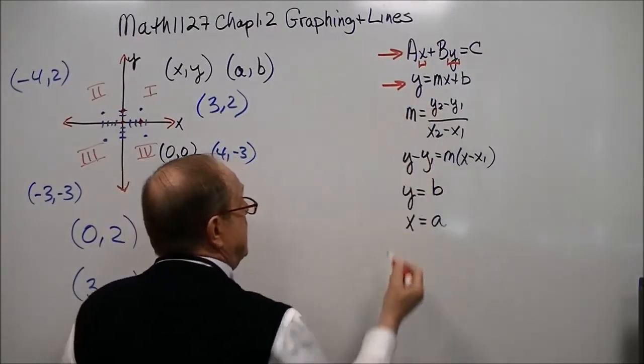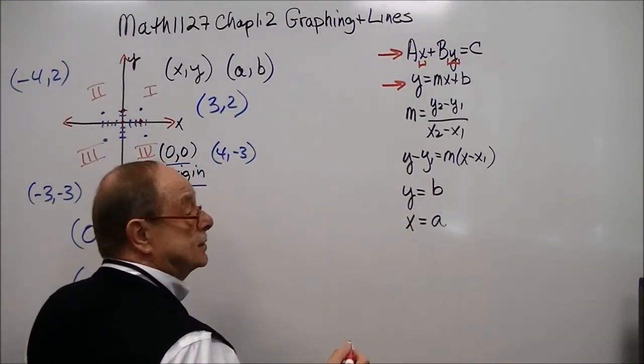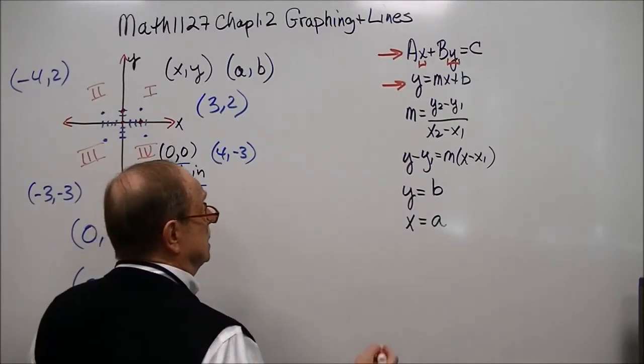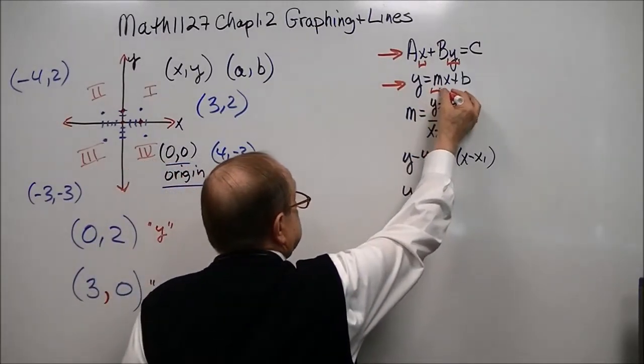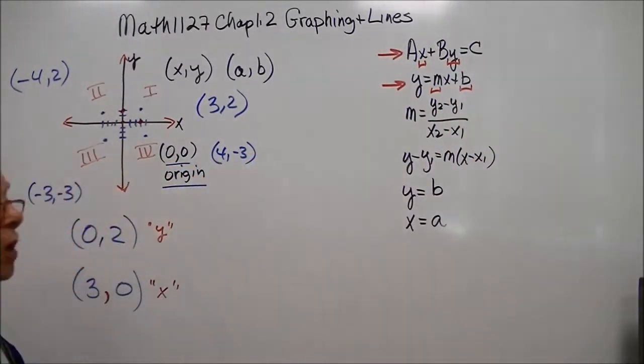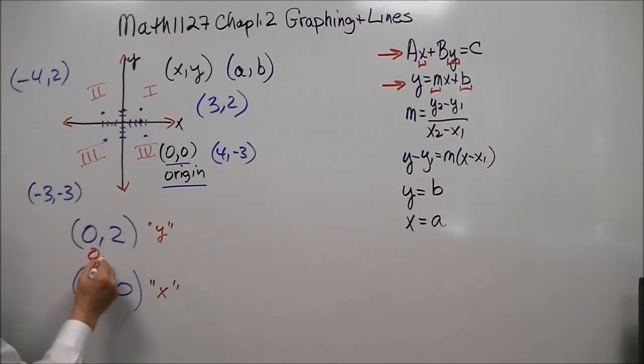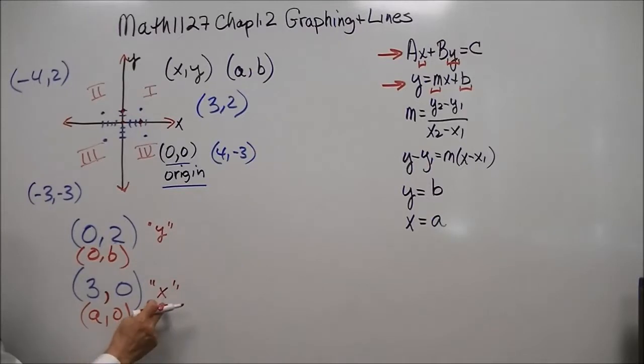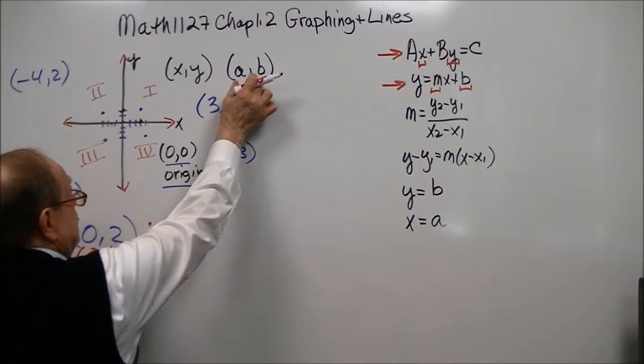And the specific name of this is called the Slope-Intercept Form, where m is the slope and b happens to be the y-intercept, which is it right over here. What is in this form, 0, comma b, this is the y-intercept, and a, comma 0 is the x-intercept. That's where we sometimes use these letters, an A and a B.